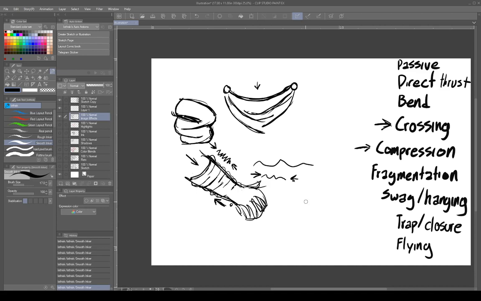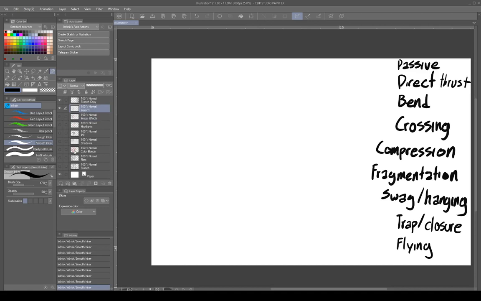Next one is interesting, fragmentation. Fragmentation wrinkles are wrinkles that aren't related to any particular thrusting direction or anchor point. So if you've got just a dry, old wrinkled cloth or something like that.